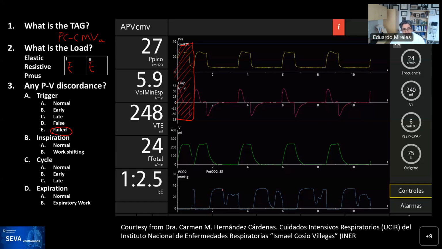Then this rapid drop is actually an inspiration, evidence of Pmus, and it plateaus again when the patient exhales again. Then again an inspiration, it plateaus, the patient exhales, relaxes, and then another inspiratory effort.